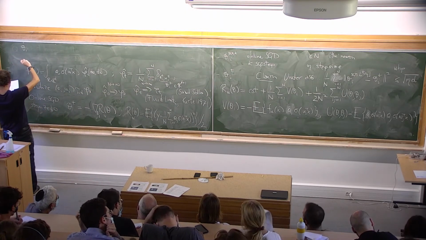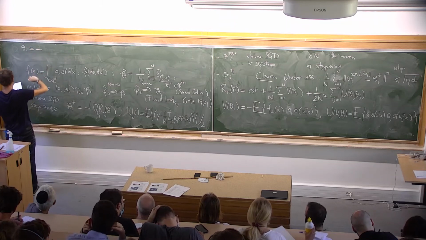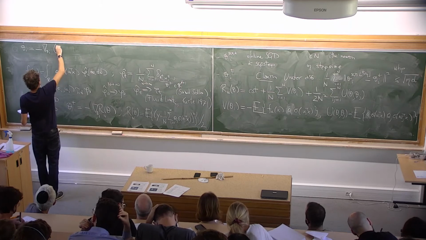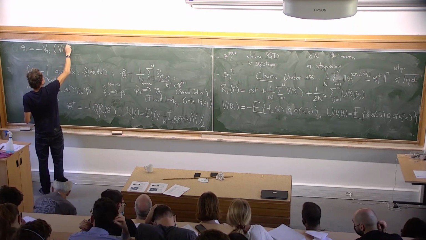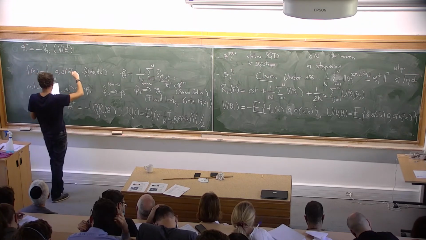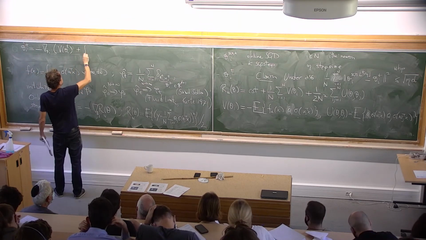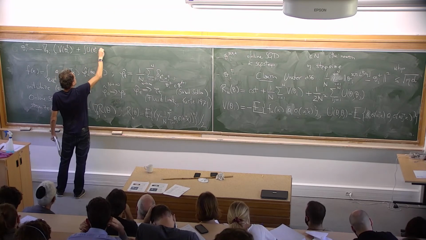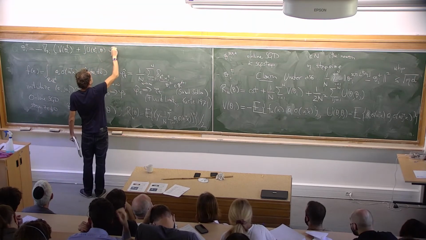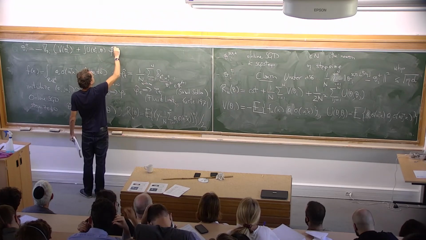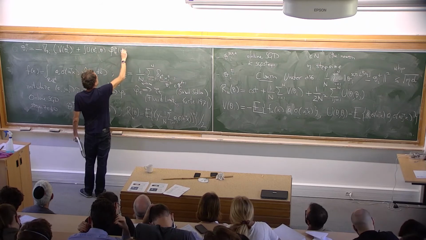Theta I dot is, I'll write it like this, minus the gradient with respect to theta I of V of theta I at time t, plus the integral of U of theta I, theta, rho hat t, d theta.